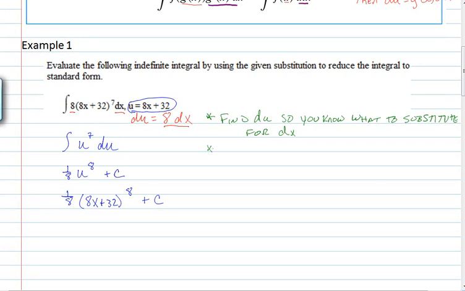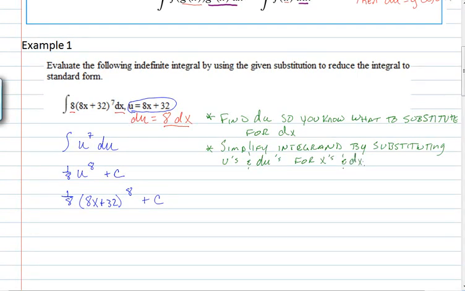So once we found what du was, we simplify the integrand by substituting u's and du's for the x's and dx.